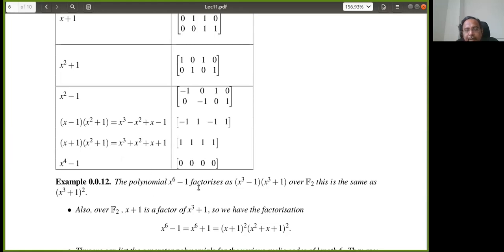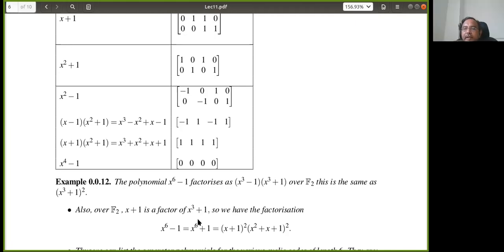Yes, so I hope every one of you is clear with that. As Aditi already told, x power 6 minus 1 is the same as x power 6 plus 1, no problem. Why is it x plus 1 whole square into x square plus x plus 1 whole square? Sir, factors of x cube minus 1.